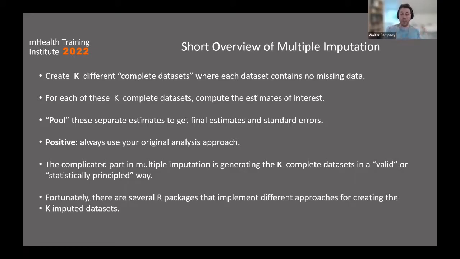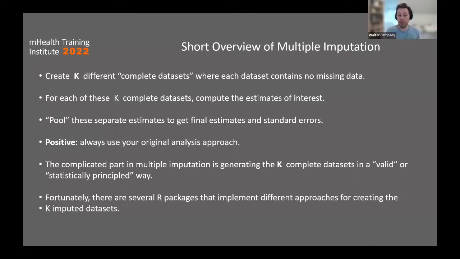After doing that, you're going to take each of those and analyze them separately with your method. So in this case, it was linear regression of ozone on those other variables. And from those, you'll get both point estimates, your beta hats, and your standard errors. So now I'll have 5 point estimates and standard errors from each of my 5 complete data sets.